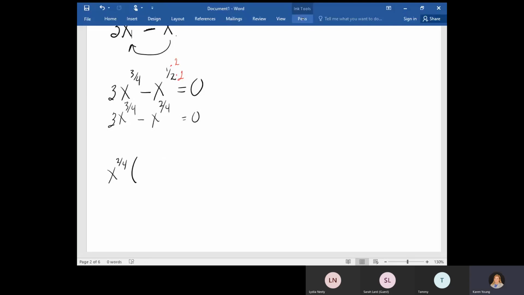When I do that, that's the same thing as dividing each one of these by x to the 2/4. When you're factoring, you're dividing each term.